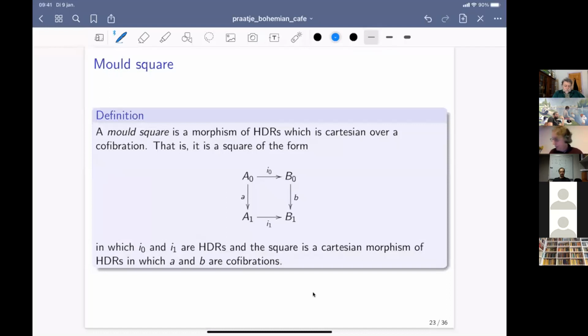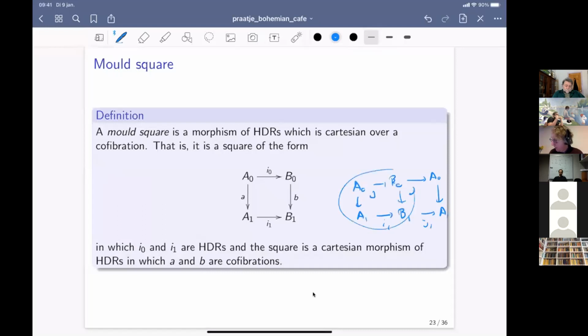So basically, suppose I give you a certain hyperdeformation retract over here, and I give you a certain cofibration, let's say from A0 to A1, and then I just pull this HDR back along this cofibration. So I have this retract here, and then I can take this double pullback here.